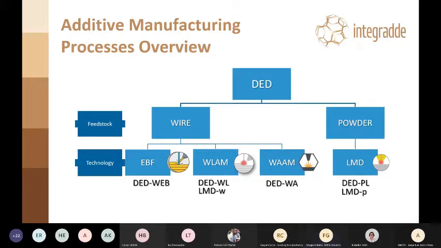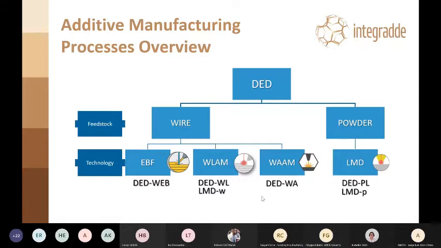But as you can see, the most common nomenclature for DED by wire arc is WAAM, which means wire arc additive manufacturing, and for DED with powder and laser, we use LMD, and for wire we use LMD wire.